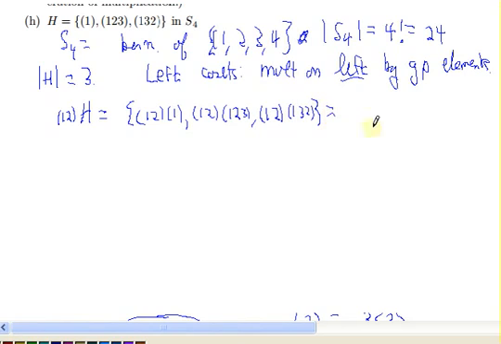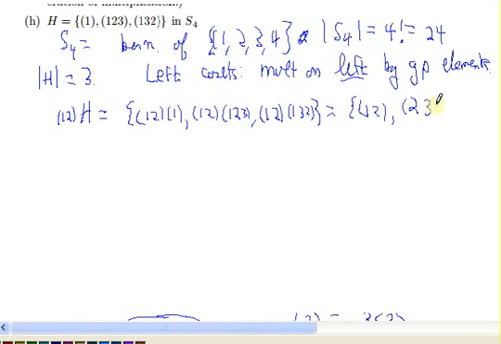Okay. And that's going to give me, well, the first one is just going to give me (1 2) again. The second one, I have to figure out. 1 goes to 2, 2 goes to 1. That's actually fixed. 2 goes to 3, 3 goes to 1, 1 goes to 2.